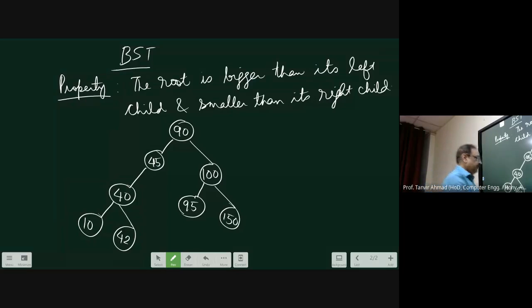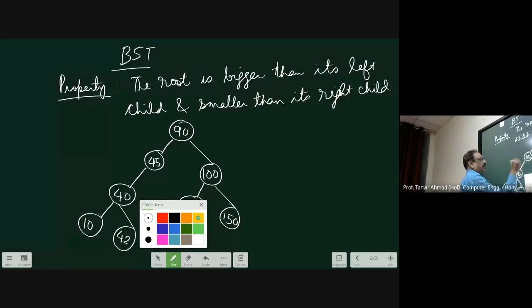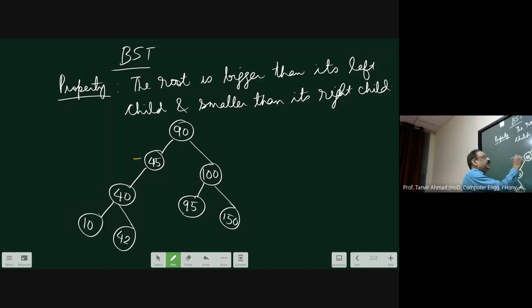If you check at 45, you find 40, it's already having only the left child. That means 45 is bigger than 40. If you check at this point, you find 10 is smaller than 40 and 42 is bigger than 40. Now 40 is bigger than 10, smaller than 45. If you check at this point, you find that 95 is less than 100 and 150 is bigger than 100. It means that the property is not violated.